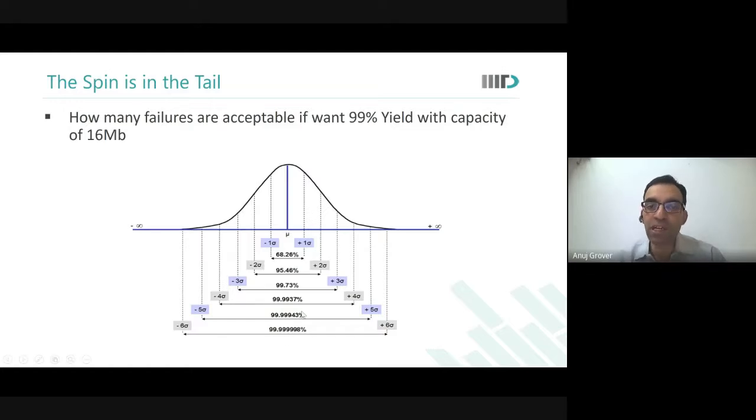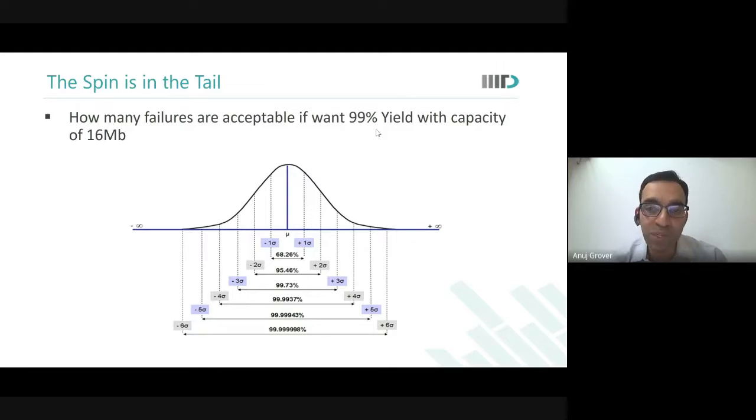yields which are appropriate. So when you want a 99% yield with a capacity of 16 MB, we're talking about 16 million SRAM cells per die, and then we're talking about 100 such dies. So 1.6 billion SRAM cells, and how many fails do we want out of them? 1. 1 fail out of 1.6 billion cells.